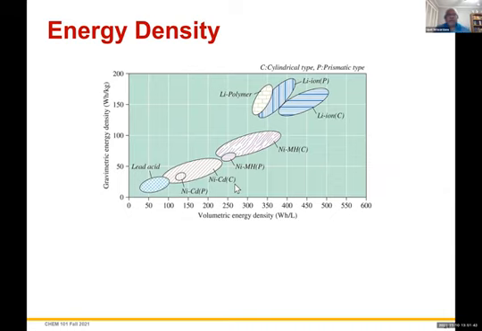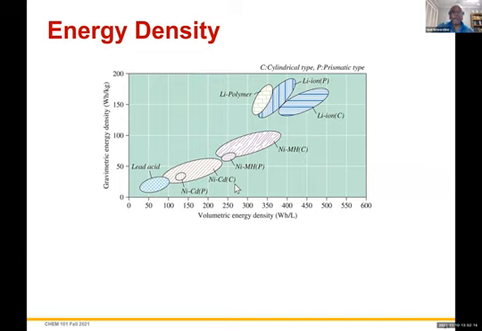Okay, now I'm going to start a new material. The batteries that we find: lead acid, nickel cadmium batteries, nickel metal hydride batteries, lithium ion batteries, polymeric form, and ion batteries, all in the top right corner.